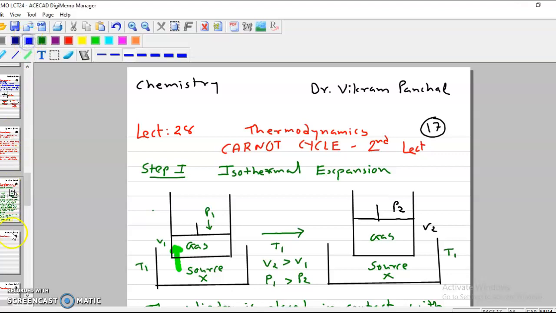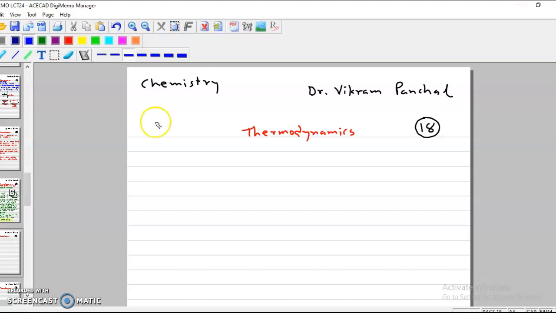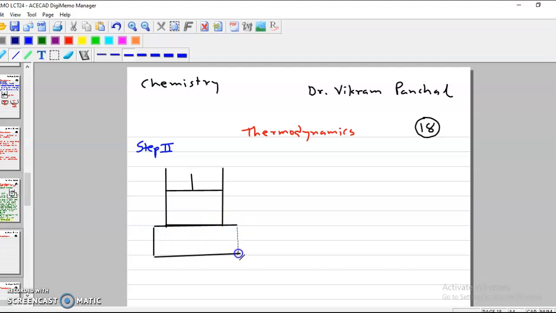Now for the second step, step 2. Here we have cylinder and initial volume is V2. Now this is kept on isolated stand or insulated stand so that it becomes adiabatic condition.